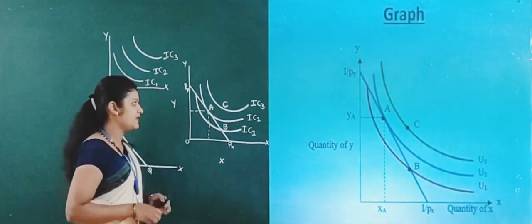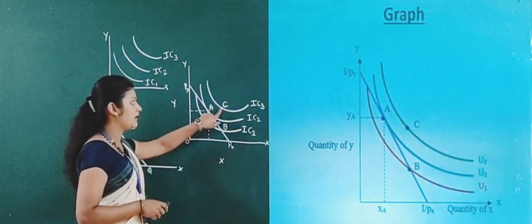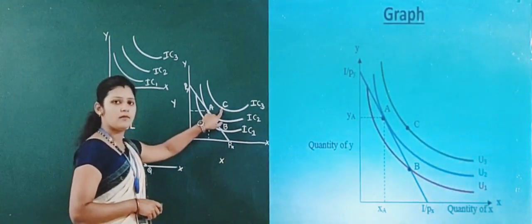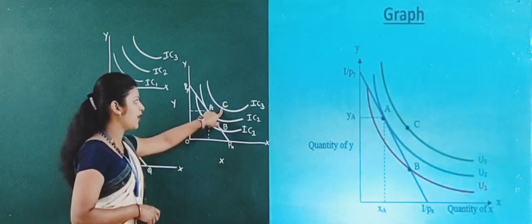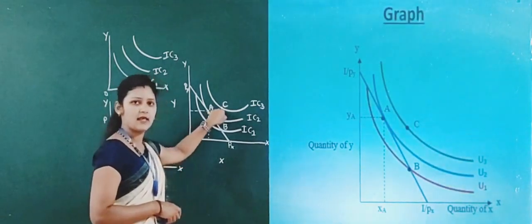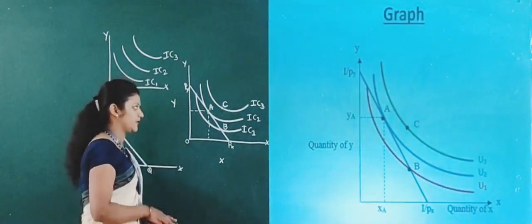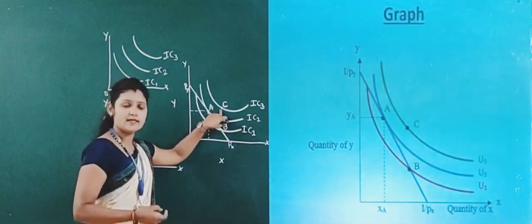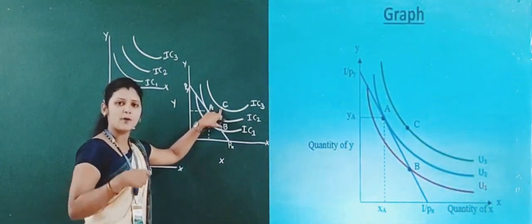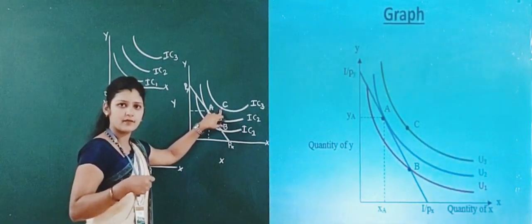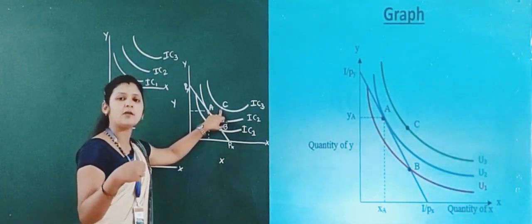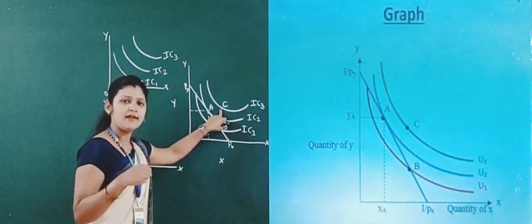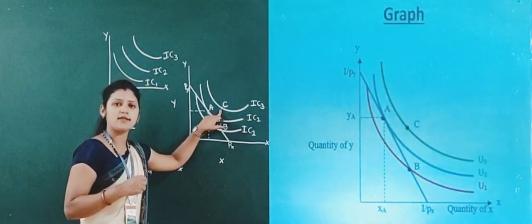First I will explain the choice C made by the consumer. Now tell me, is point C the optimal choice? When is it called an optimal choice?